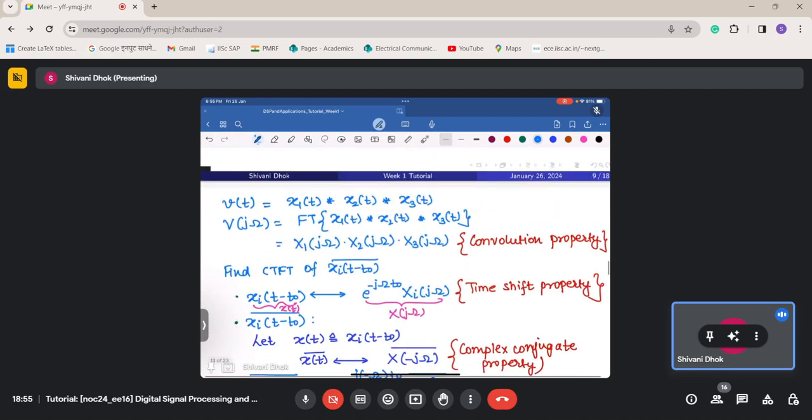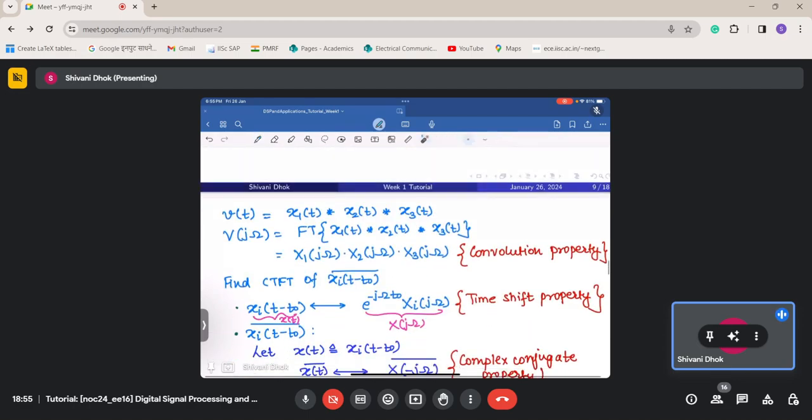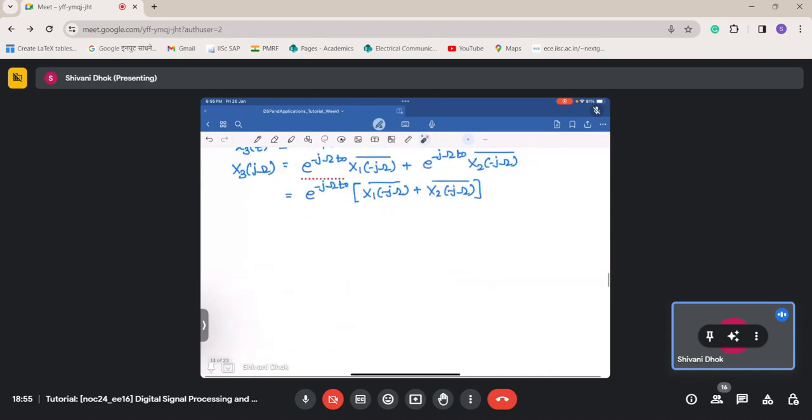And what we wanted to find out is V of j omega, which is X1 of j omega times X2 of j omega times X3 of j omega. So let us substitute back the value of X3 of j omega which we have just obtained.